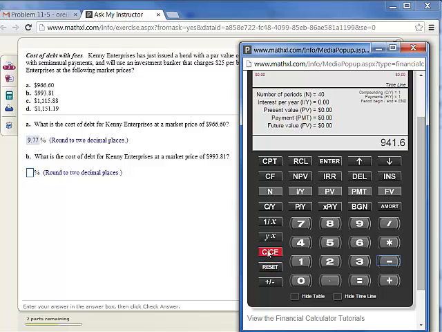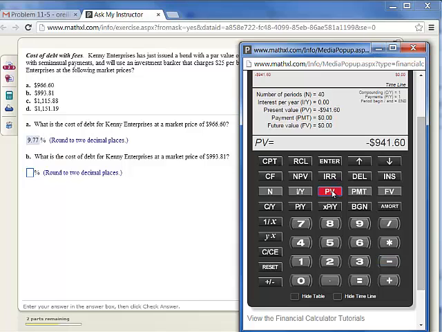Let me clear it and try it again. Whenever I get frustrated, I click on C or clear entry. I don't reset because that gets rid of everything. I can try putting the minus in ahead of time, but it doesn't usually work. 941.60 minus. There we go. Now, that was my present value, so I click on present value.